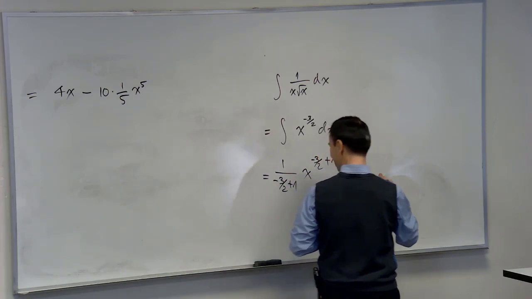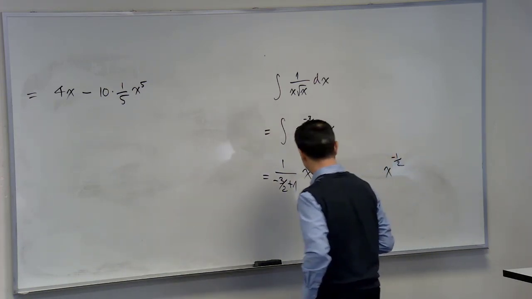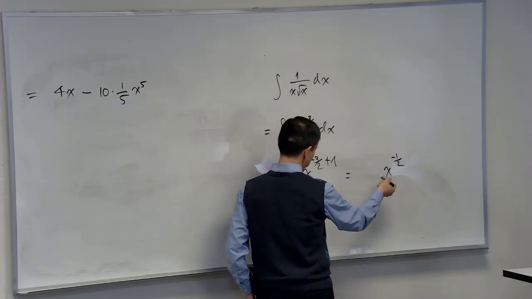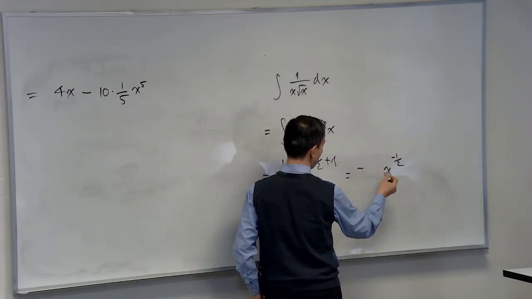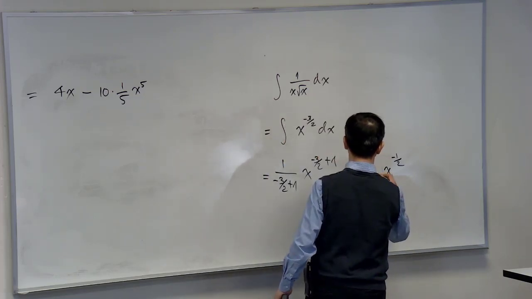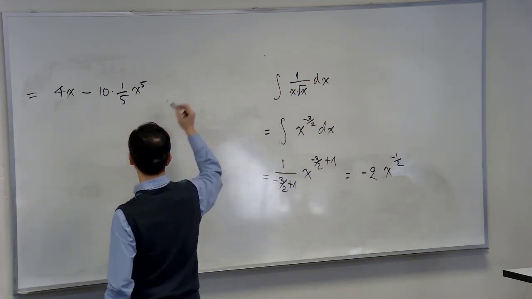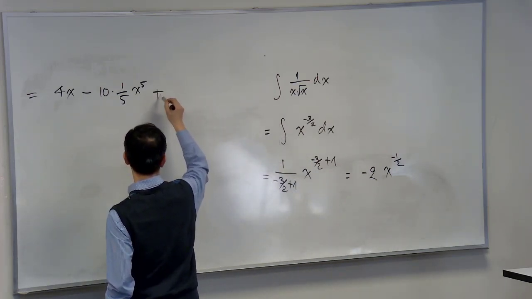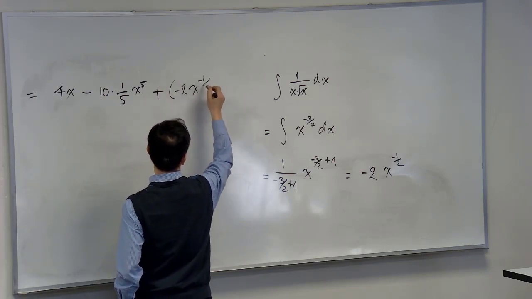Yep. So it's going to be x to the negative 1/2. I recommend writing that decimal as a fraction like that. So it's going to make it overall minus 2. Your term here was adding, so we add minus 2 times x to the negative 1/2, right?